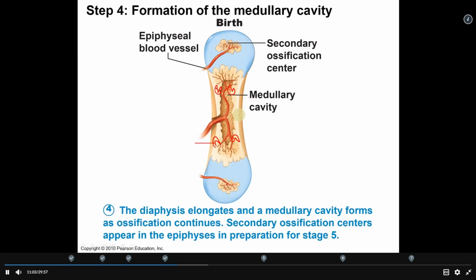But then some other things are going to happen. As they remove the spongy bone, what's happening right here is kind of the same chain of events that happened before. So here's the cartilage, here is the cartilage, okay?